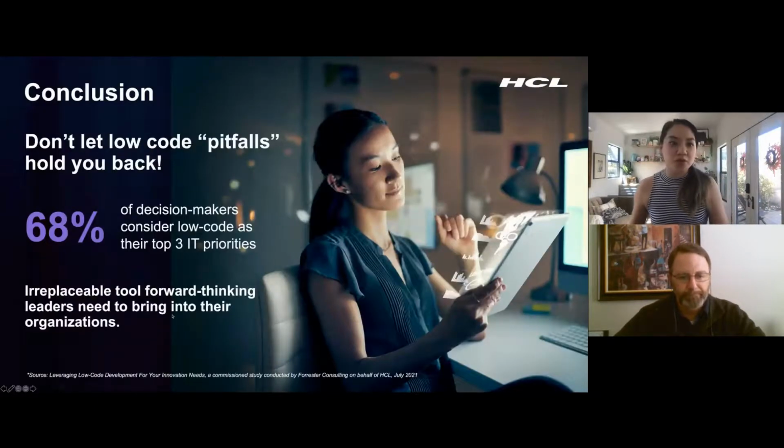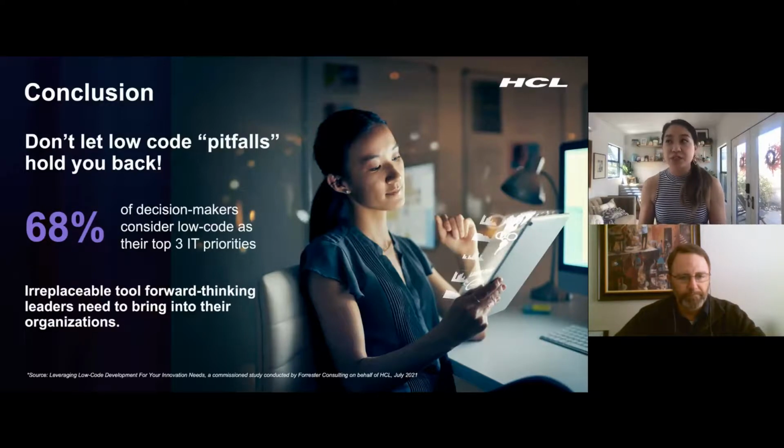So, we're really trying to keep this in 20 minutes, going through these pitfalls. But we really hope that we covered some of this, and just don't let these pitfalls hold you back. We did a custom study with Forrester late last year.